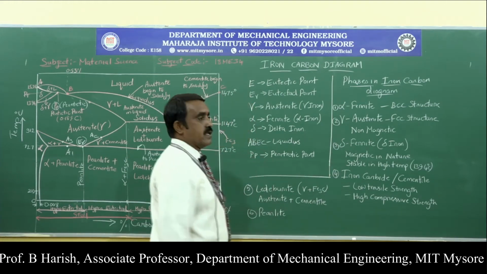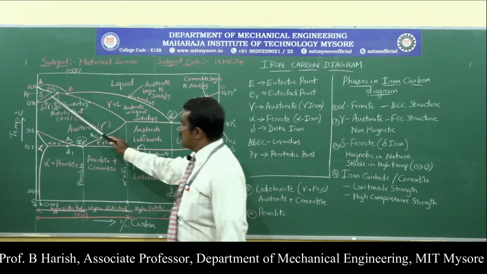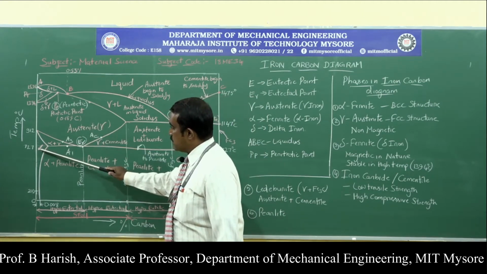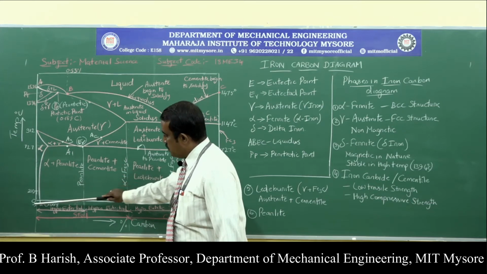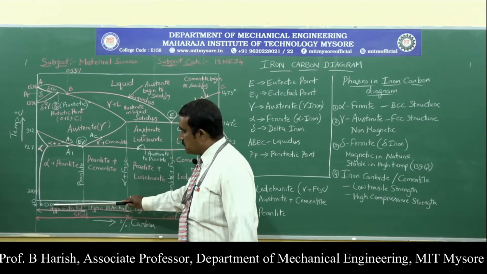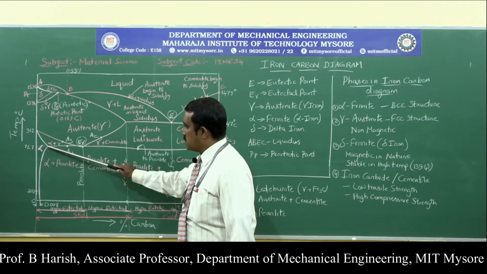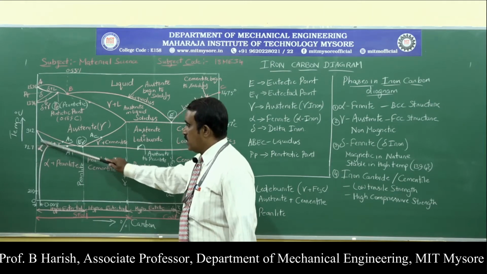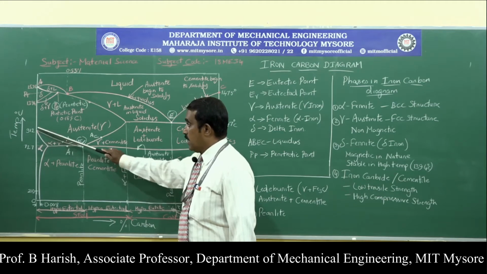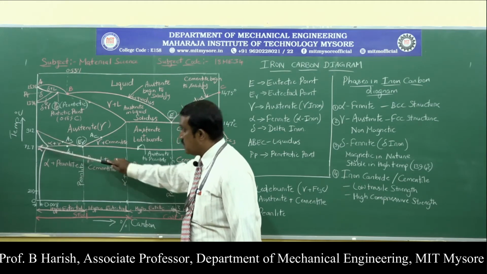So alpha ferrite, you can observe here, this is alpha. This region, from 0 to 0.08% of carbon content, and up to a temperature of 912, is called alpha ferrite.